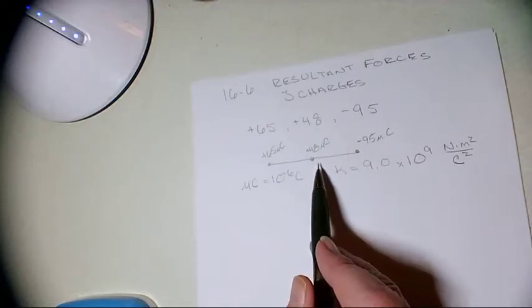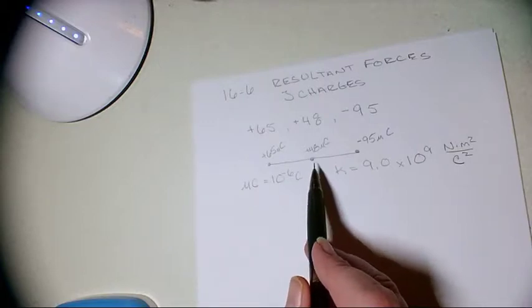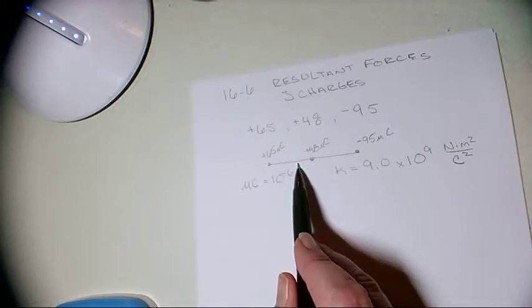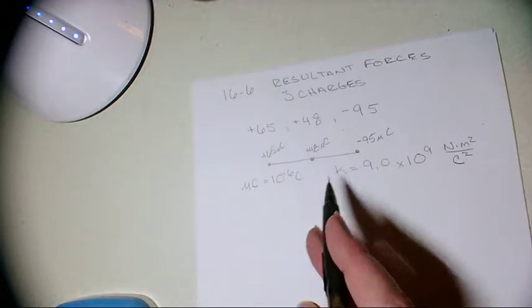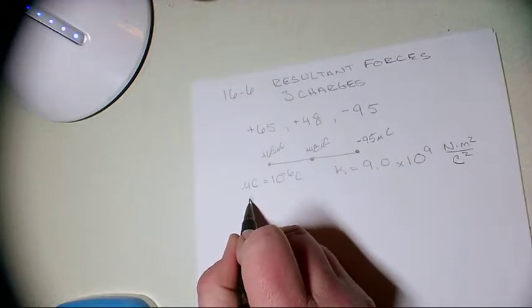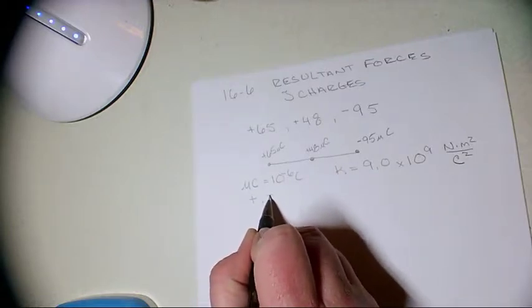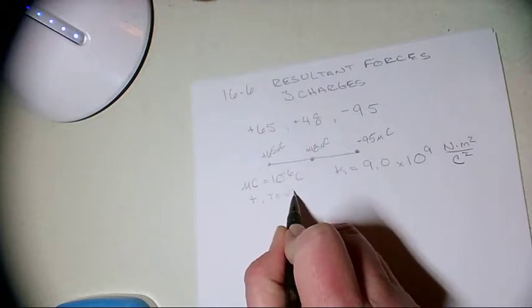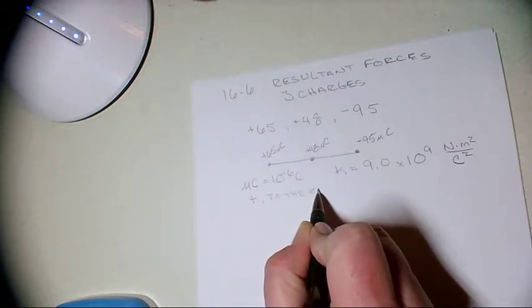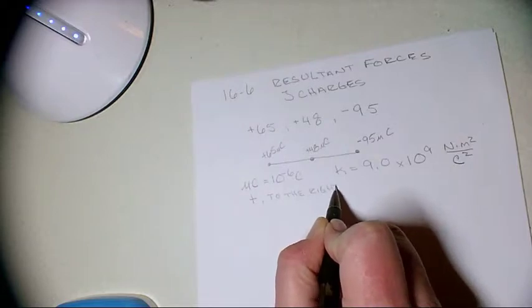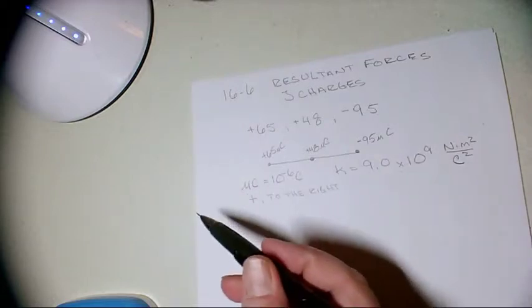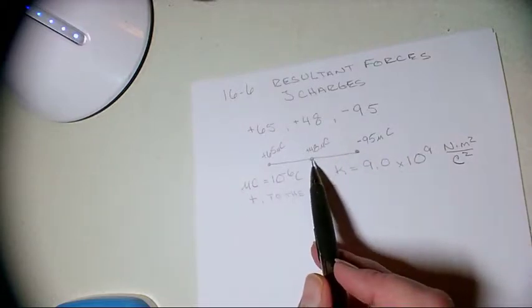We have to give these forces direction, so we need to choose which way is going to be positive and which way is going to be negative. Customarily, positive is to the right, and so the negative would obviously be to the left. So what do I mean by that?